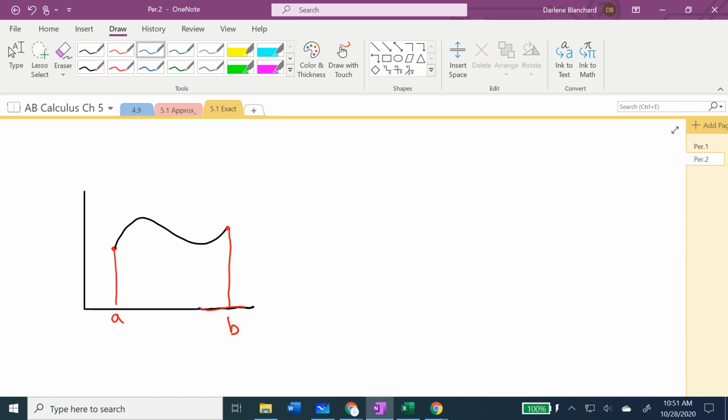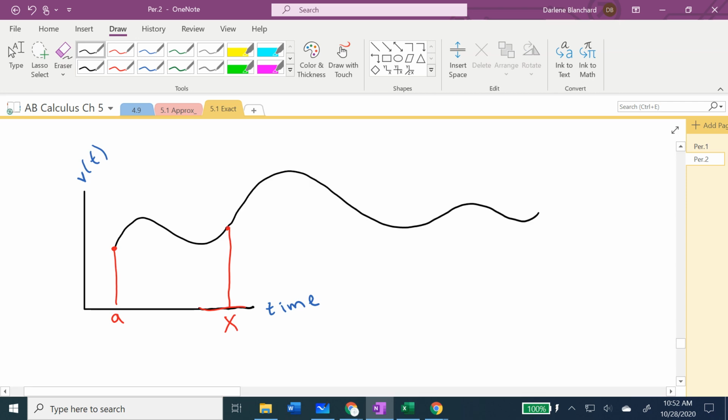And if the y-axis is representing velocity with respect to time, and the x-axis is representing time, then one way that I can look at this is, instead of b being a specific number, I can look at it as a variable. And this velocity function could go on and on farther away too.